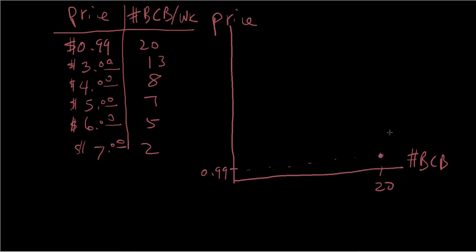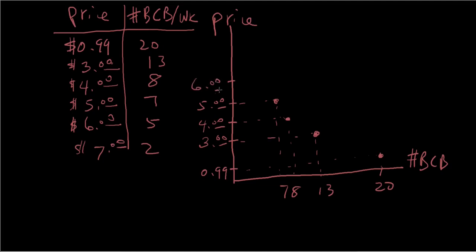And at $3, 13 is here, and $4, 8 units, and $5, 7 here, and $6, 5 here, and $7, 2 units there. So, like this.